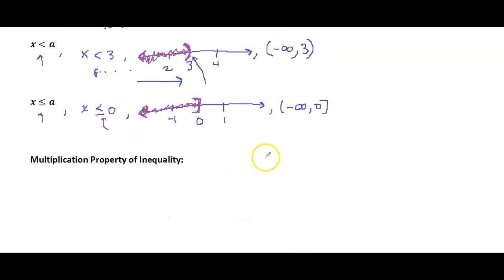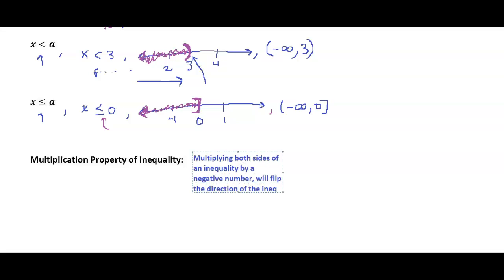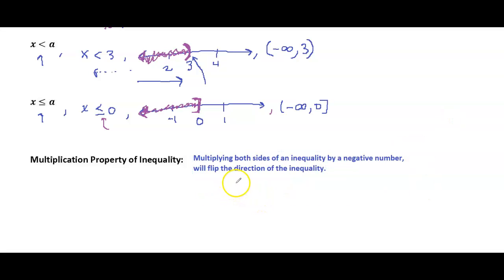Now, there is a multiplication property of inequality. It essentially states that multiplying both sides by a negative number will flip the inequality sign. So let's show that in an example.